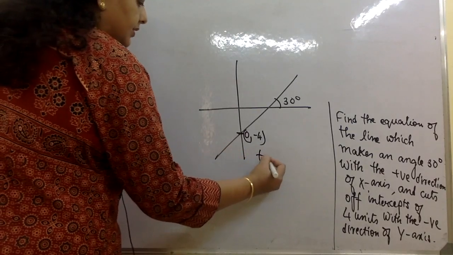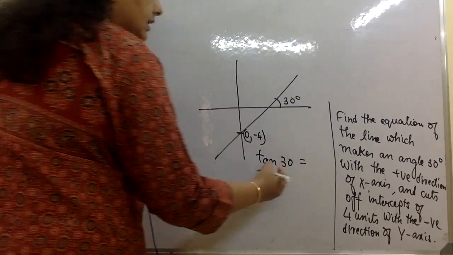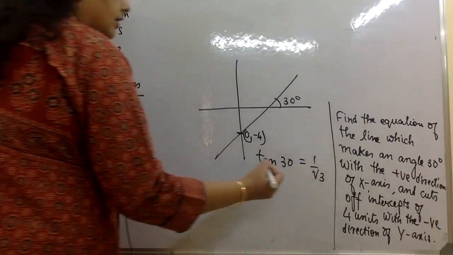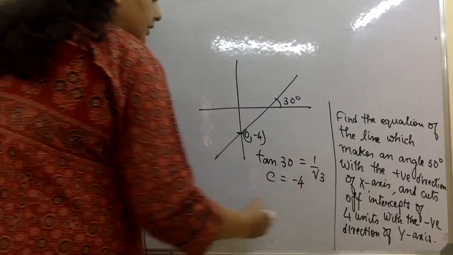So tan 30. As I said, you will have to find the slope. Tan 30 is 1 by root 3. And c is equal to -4.